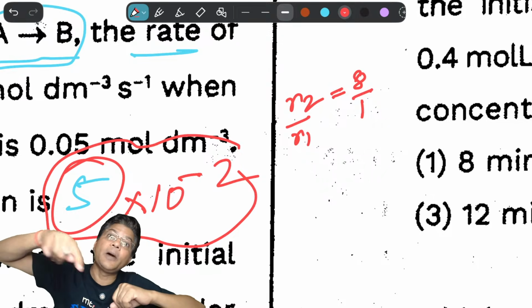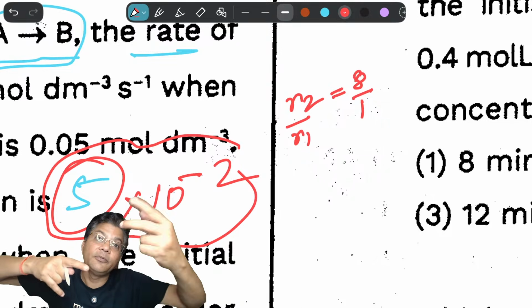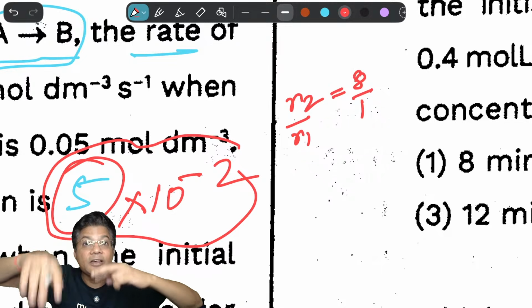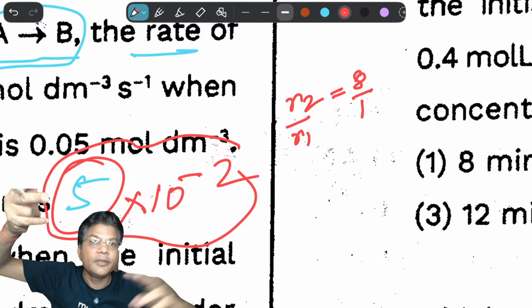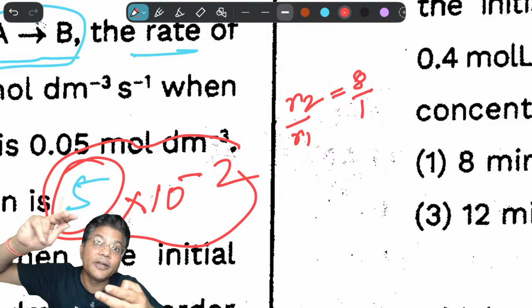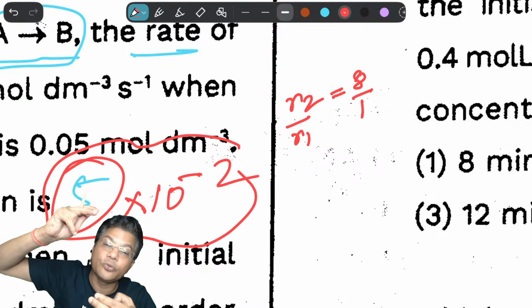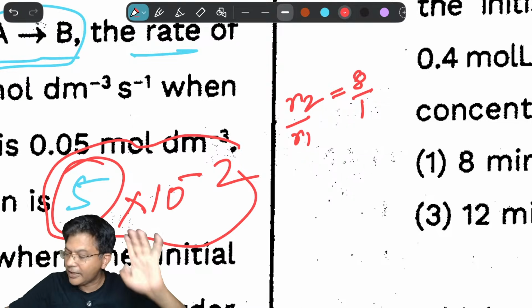If I make the power 2, then if I increase the concentration twice, the rate will become 4 times. Now, if I keep the power 3, then if I increase the concentration by twice, the rate will increase 8 times, because 2 power 3 is 2 into 2 into 2. So 8 times, that is, the power is 3.